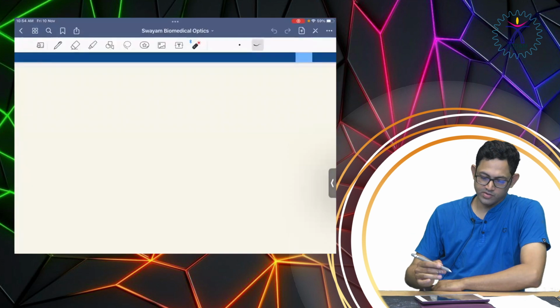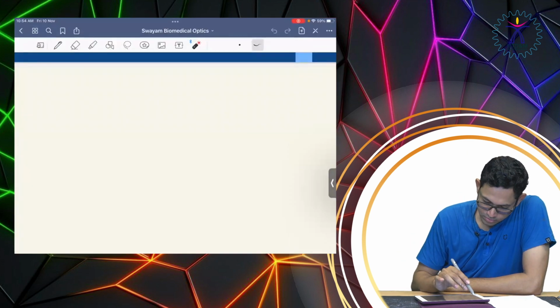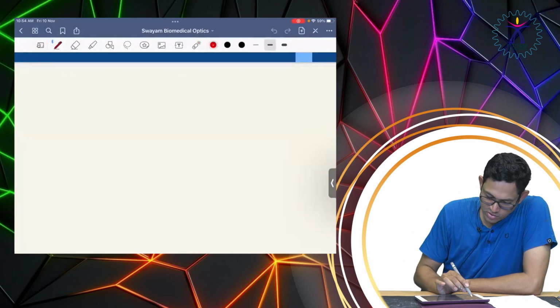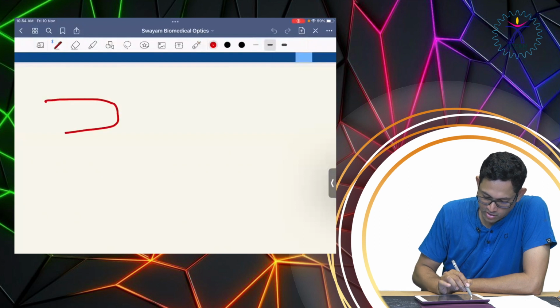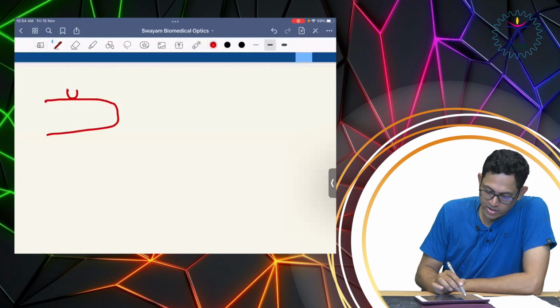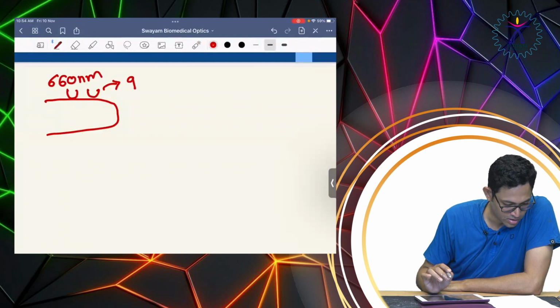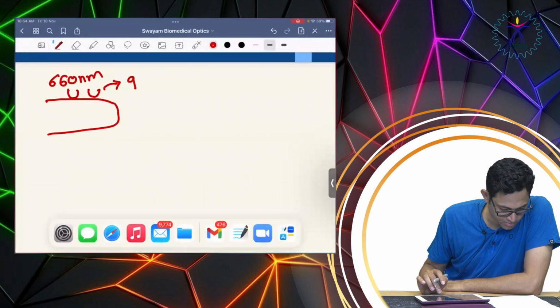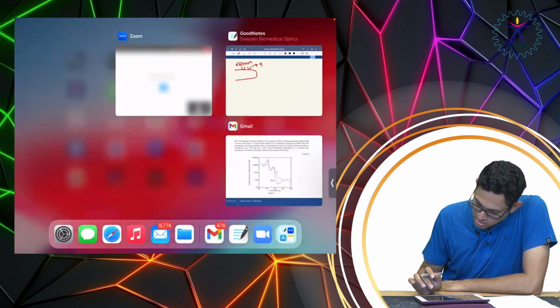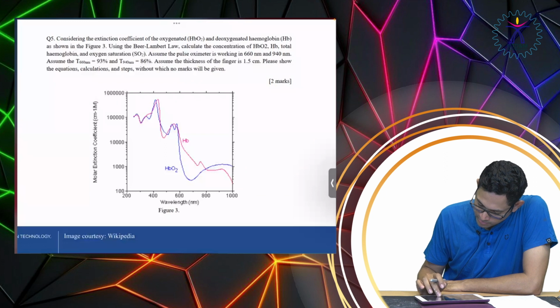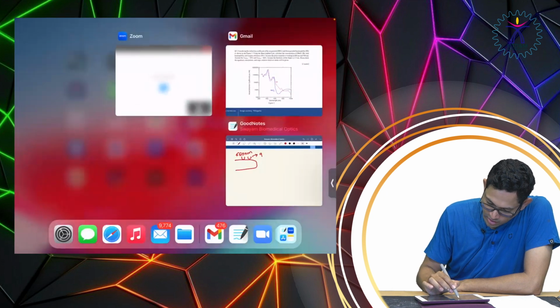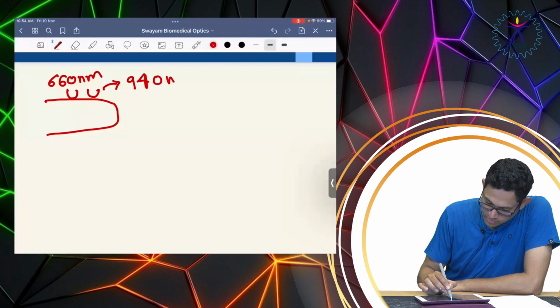What is given to you is this finger, for example, and there are two LEDs. One is operating at 660 nanometers and another is operating at 940 nanometers.